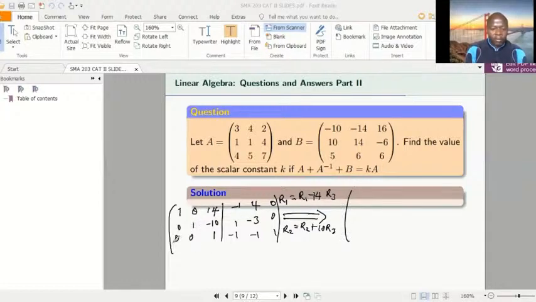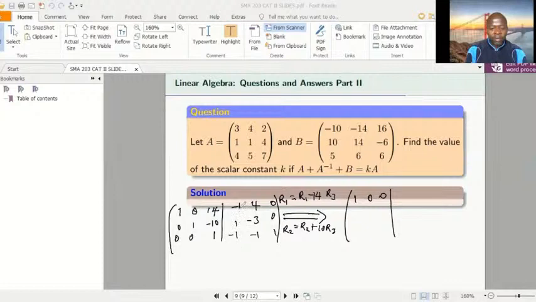Let's begin with row 1. This by 14, subtract from the bracket equals 1. This by 14, subtract from the bracket equals 4. This by 14, subtract from this here. This by 14, get negative 14.